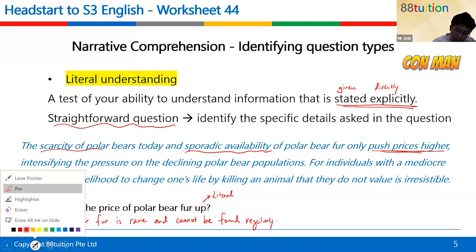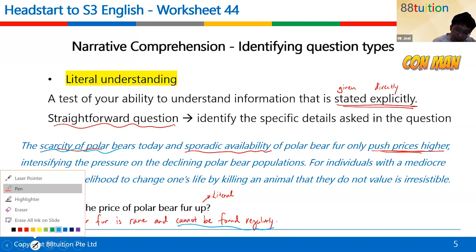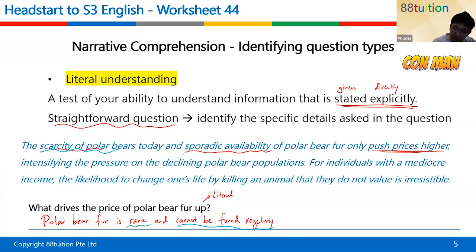So over here you would have your own understanding. Cannot be found regularly would be this part, scarcity of polar bears, and this part that talks about rareness is this part, sporadic. So these are very direct questions, and you shouldn't have an issue answering these unless you change the meaning of it by changing it into your own words. That might be an issue.